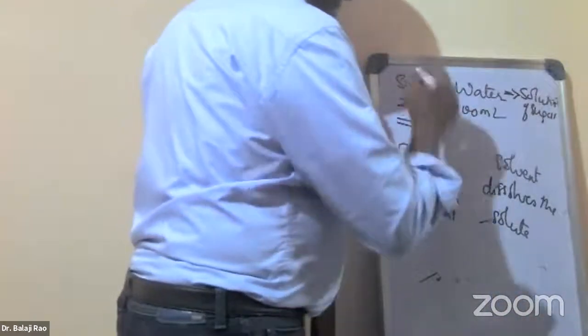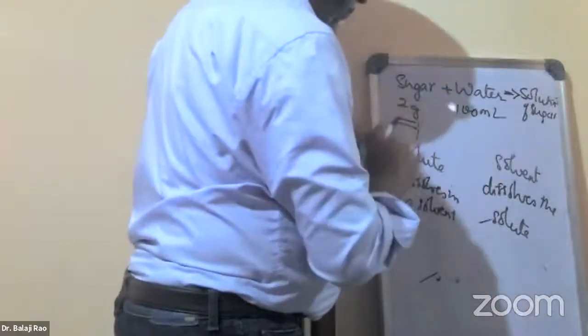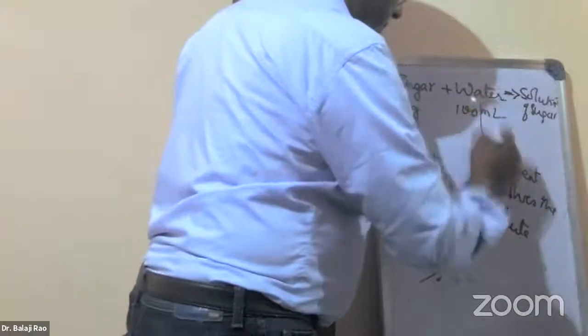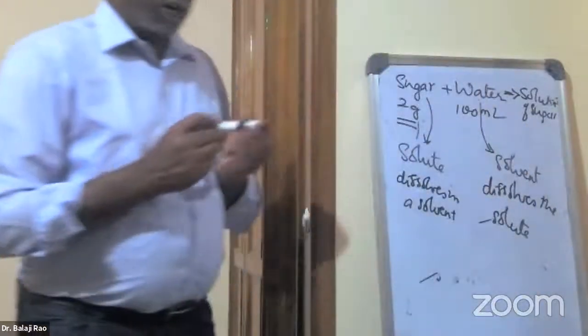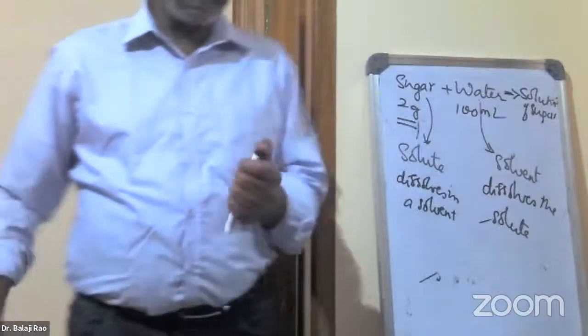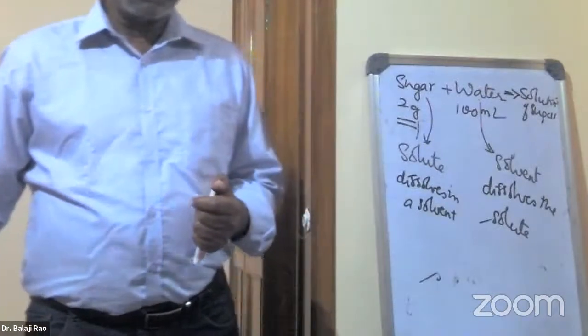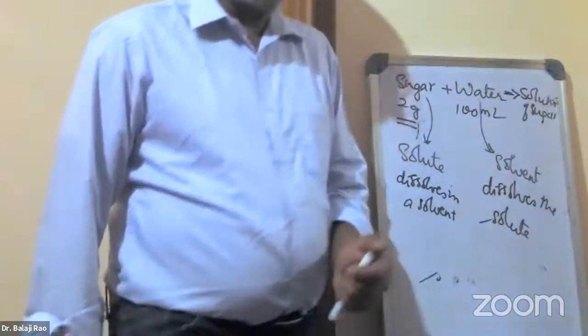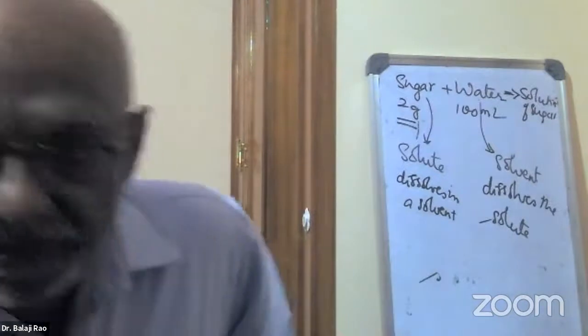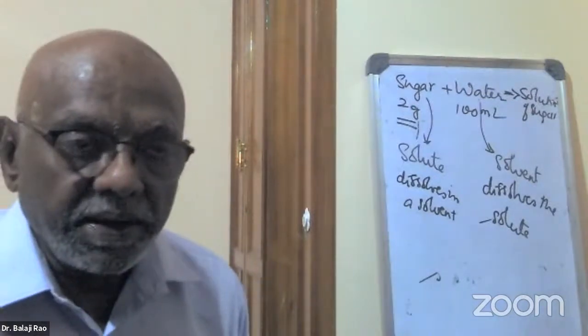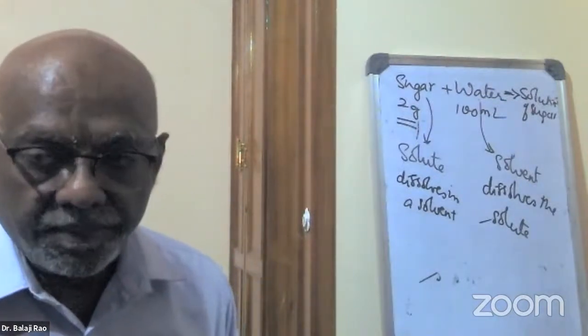Here, sugar is my solute and water is my solvent. So when we talk about a solution, any solution will have two components, as we said. One is the solute, the other is a solvent. And the solute is always in smaller proportions, smaller quantities, and a solvent is always, by default, in larger quantities.